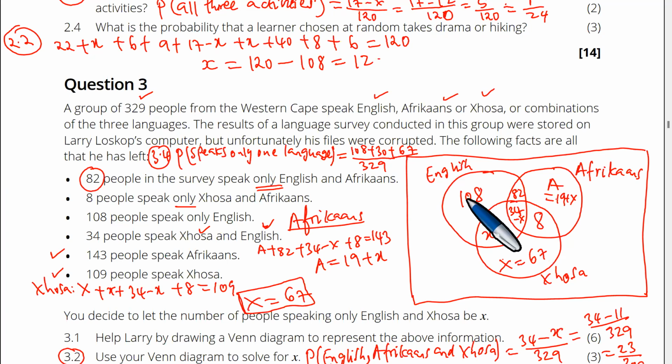So 108, 30 and 67: a person who speaks only one language, over 329. If you add all those up, 108, 30, and 67 added together gives us 205 over 329. So the probability that the person speaks only one language is 205 over 329.